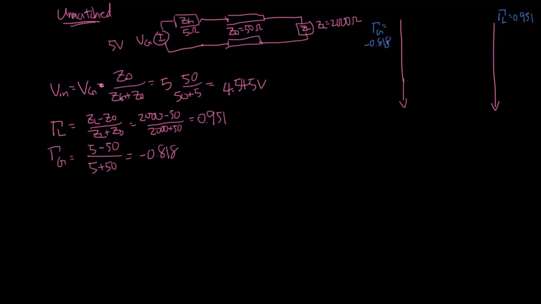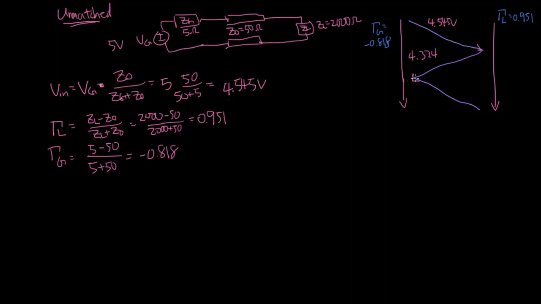For the bounce diagram, we'll just look at a few bounces. If you work through the numbers, initially we have 4.545 volts going in, and that's all well and good. But when it bounces off the load, the reflection coefficient is 0.95, so you actually have a pretty big reflection, 4.324.